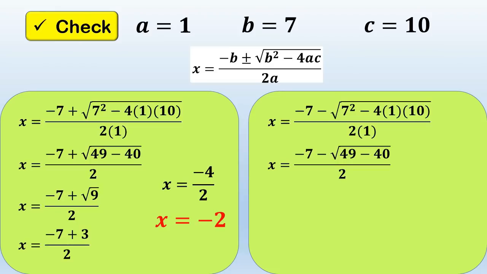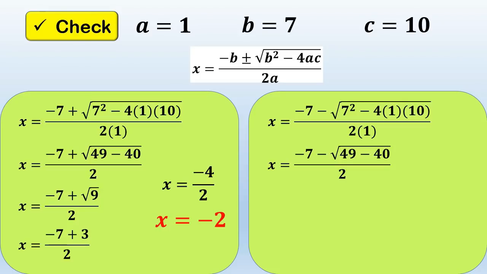Copy negative 7 minus, simplify square root of 7 squared is equal to 49 minus 4 times 1 is equal to 4 times 10 is equal to 40 over 2 times 1 is equal to 2. So we have now negative 7 minus square root of 49 minus 40 over 2.